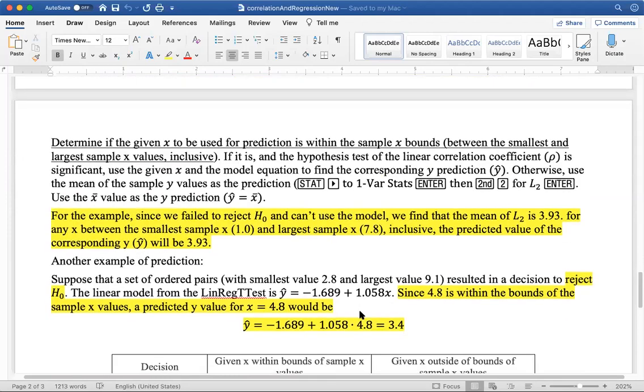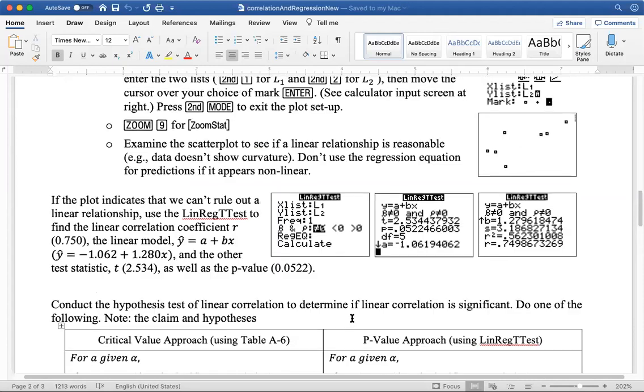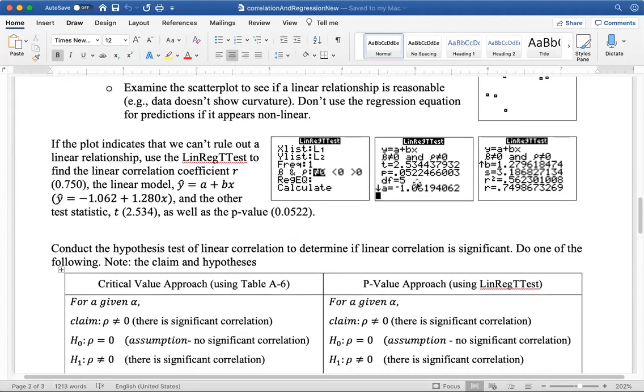Okay, so now what are we going to do for predictions? That model that we came up with, negative 1.062 plus 1.280 times x, is the best straight line to fit through that set of data.